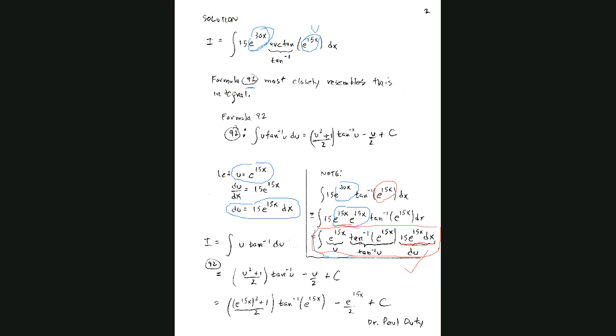All right, and incidentally, in the final answer here, e to the 15x quantity squared will equal e to the 30x. We can re-express e to the 15x quantity squared as e to the 30x.